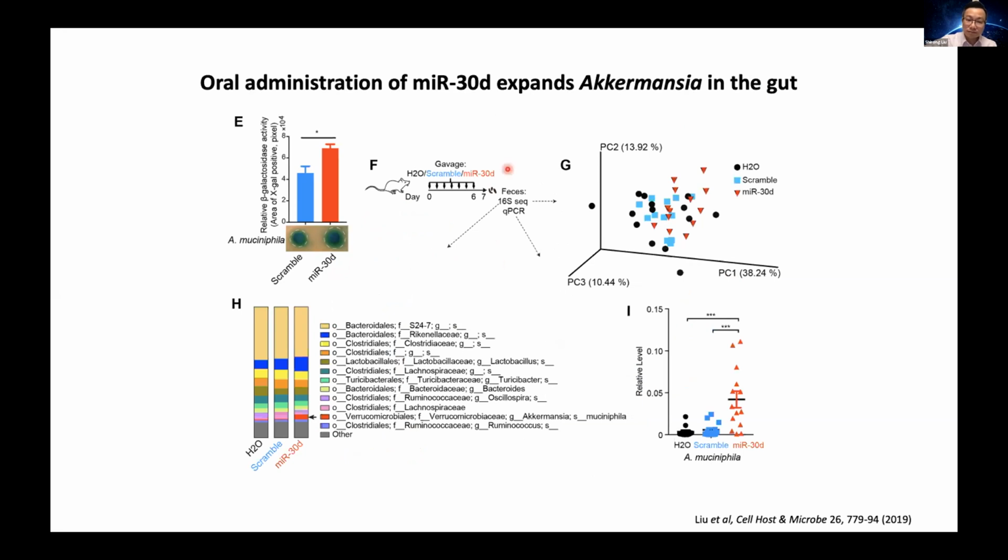We give this particular microRNA to the mice and then profile the microbiome. We didn't see a shift of the general microbiome profile, but we do see it increased Akkermansia, particularly Akkermansia. And this is just qPCR data.